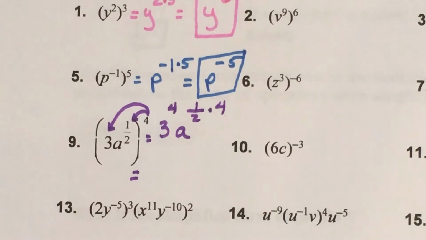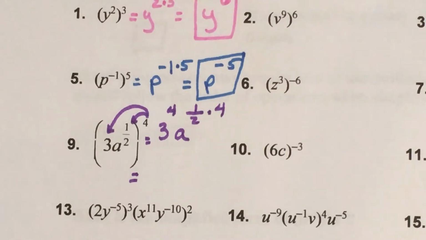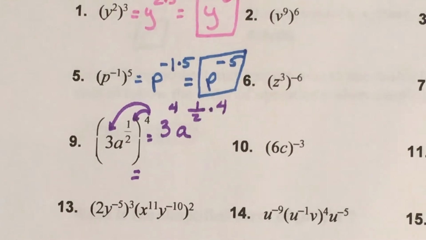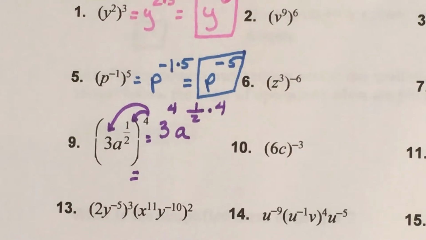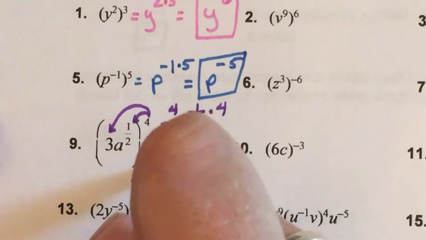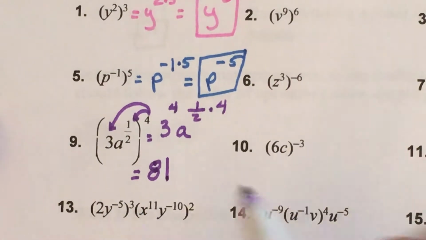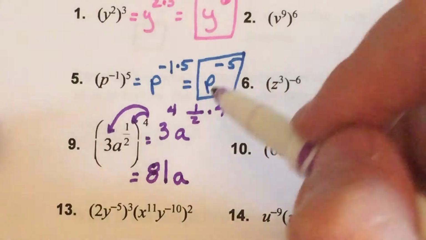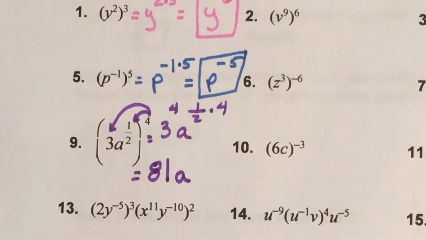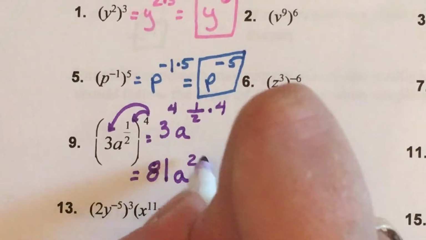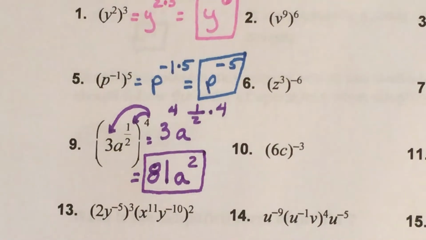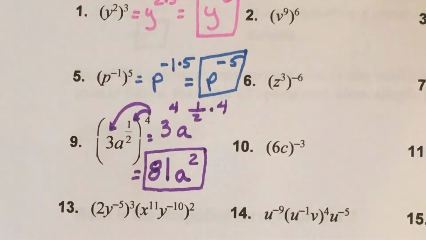Let's think. 3 times 3 is 9. 9 times 3, 27. 27 times 3, that last one, 81. Good job. And a, let's see, 1/2 times 4. What is half of 4? Yeah, it's 2. There you go. Finished.